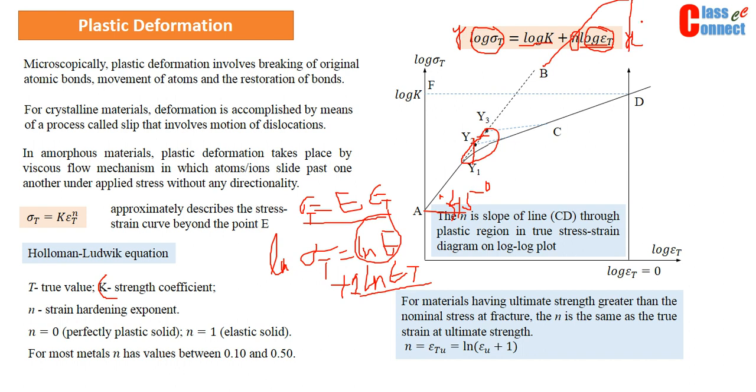So this will give us the value of log E, and this intercept will be different for different materials, but the slope of this line will always be the same, that is 45 degrees. The slope of this line will be different for different materials, and that is represented by the value n, which is the strain hardening coefficient.